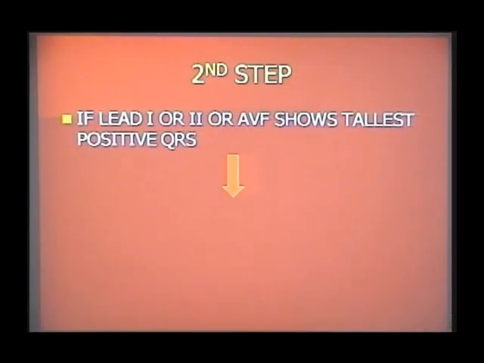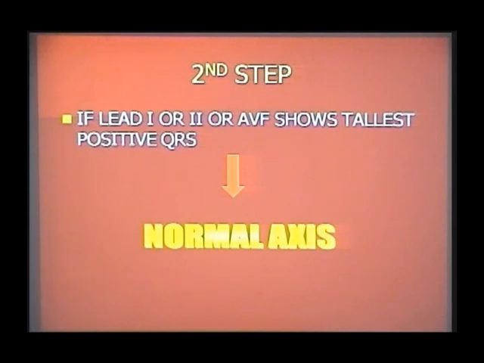If L1, L2 or AVF, any one of these 3 leads shows the tallest positive QRS complex, you are dealing with a normal axis.